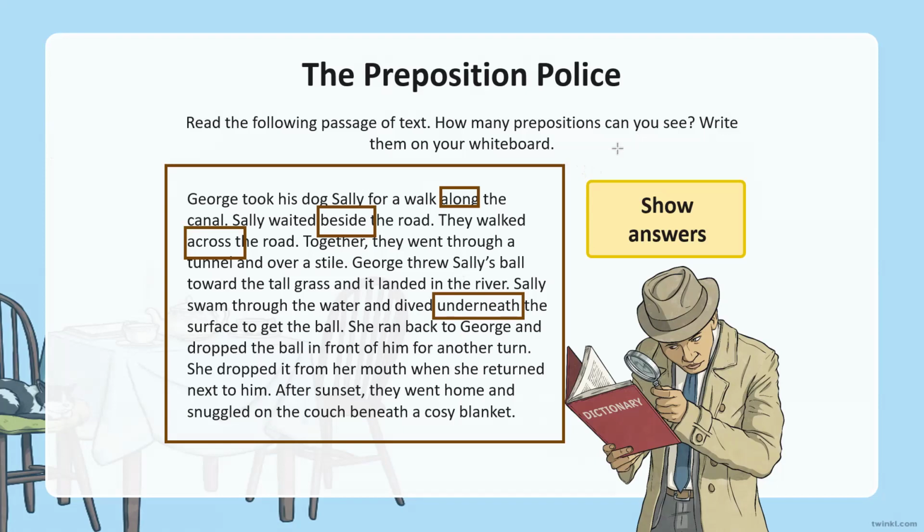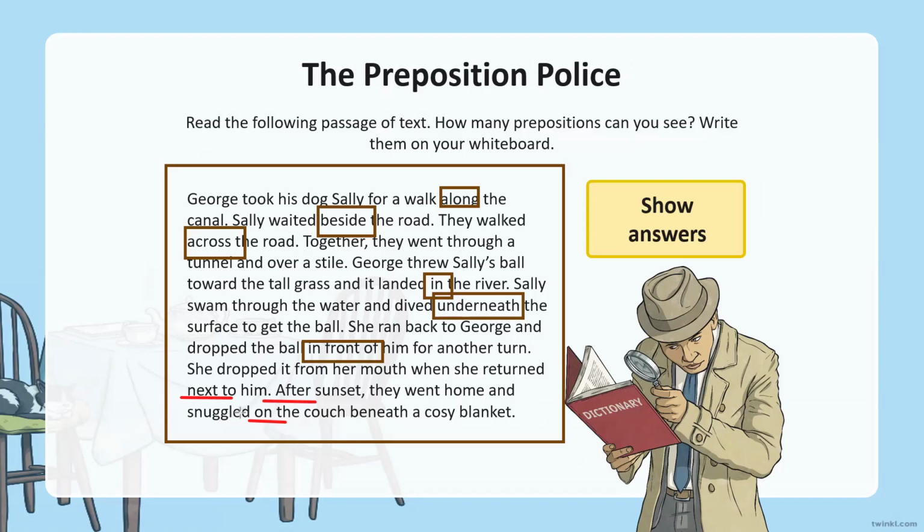Next. Where is it? Next. Very good. What else? After. We also have great, we also have after, in front of, on. We also have in.